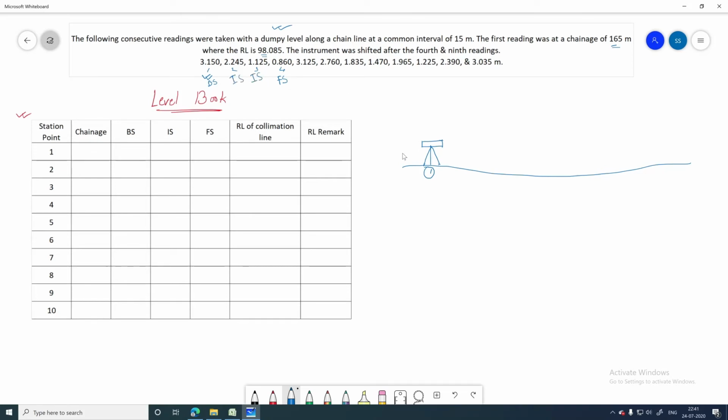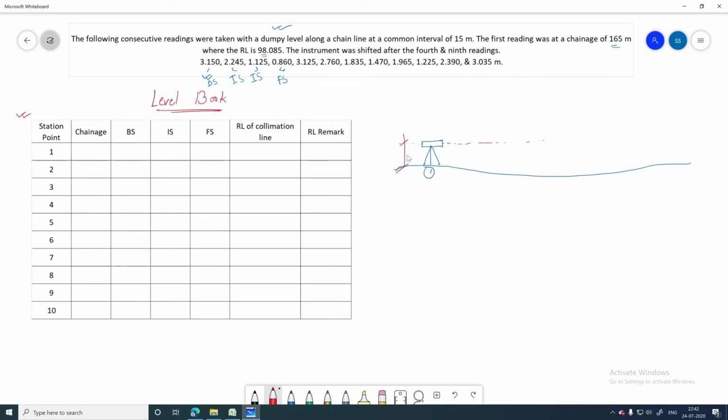So the backsight reading is taken near this point, and this is the height of the instrument.